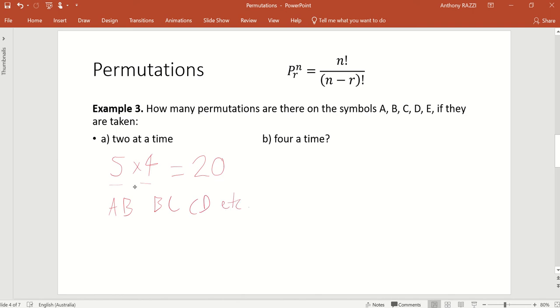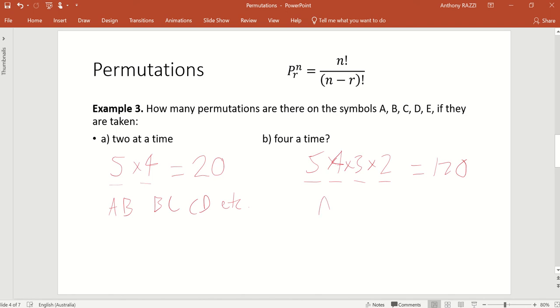Now, 4 at a time. If 4 at a time, it would be 5. So if we're grabbing 4 of them, it'd be 5 times 4 times 3 times 2. 20 times 3, 60 times 2 is 120. So that's how we can quickly work out how many permutations there are.